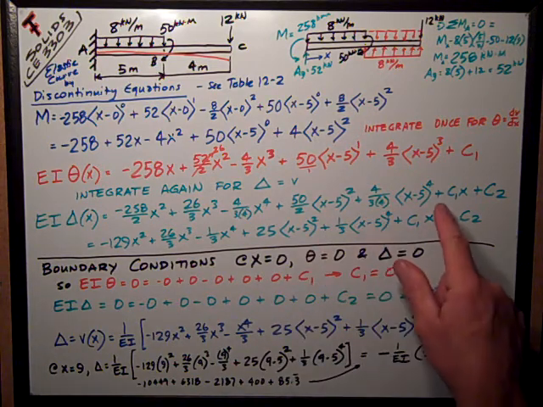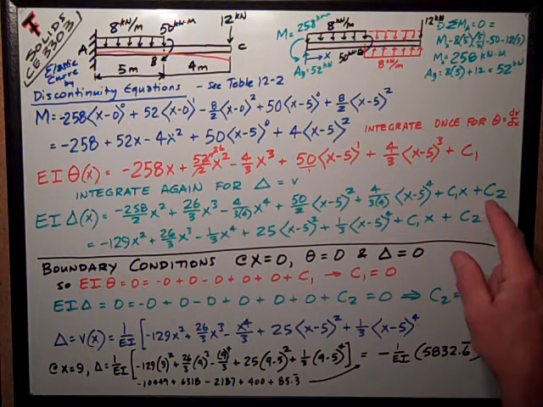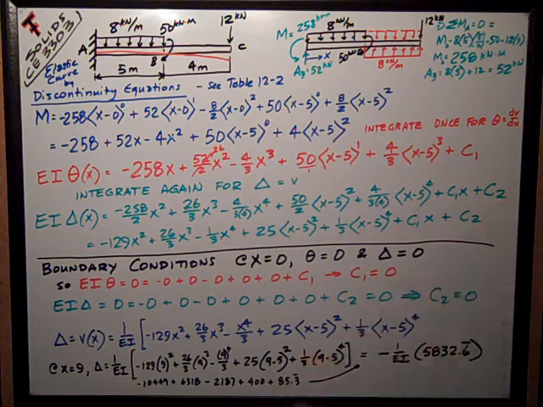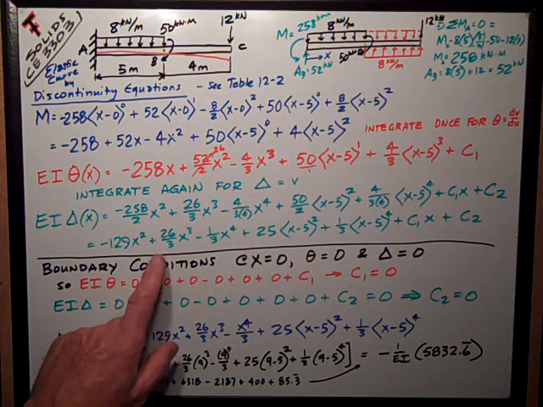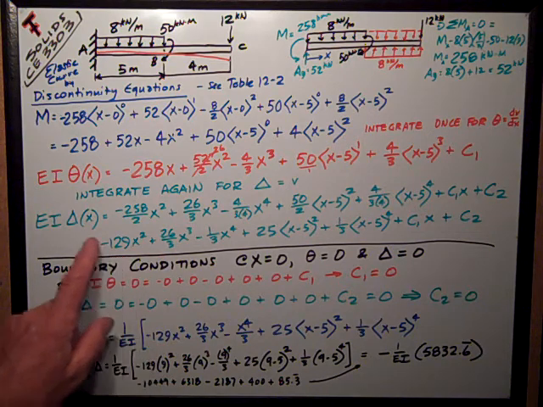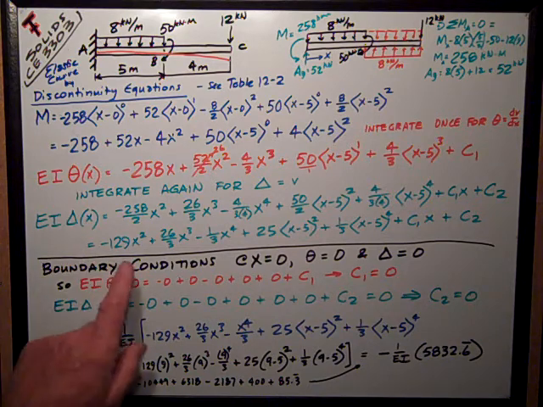Get all these expressions. I integrate C1 once, and I get C1x plus C2, my second constant of integration. I kind of simplify it and combine, do all the little math, and I get this expression for my elastic curve or my deflection.